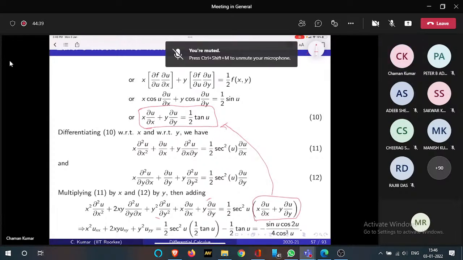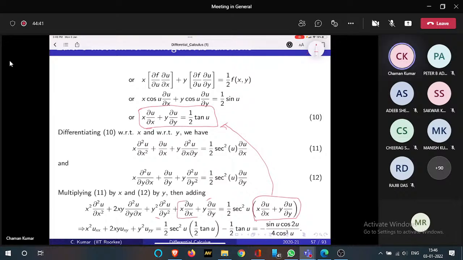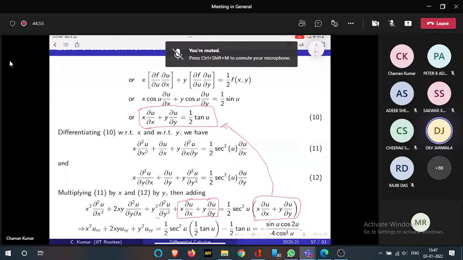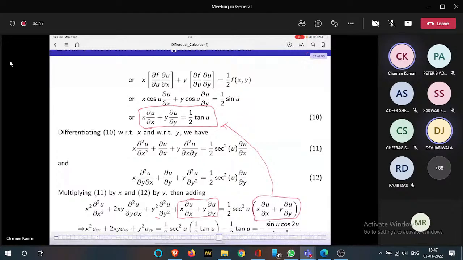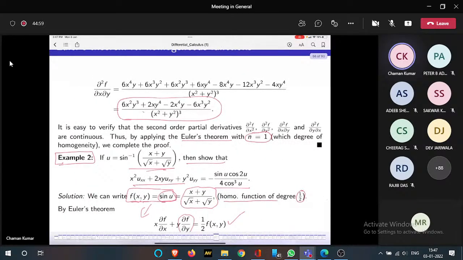Sir, if here in equation 10 tan of u tends to infinity, then what happens? No, tan of u is not going to infinity. Sir, why? Because sine inverse varies from minus 1 to 1.